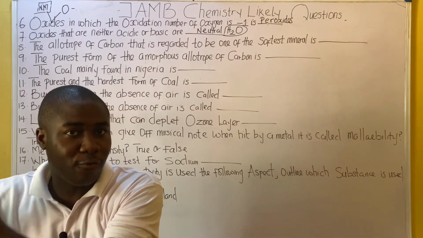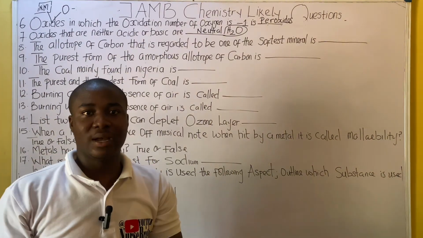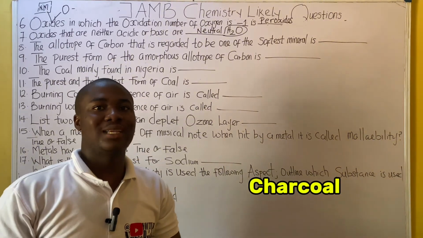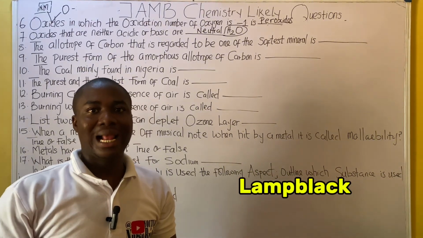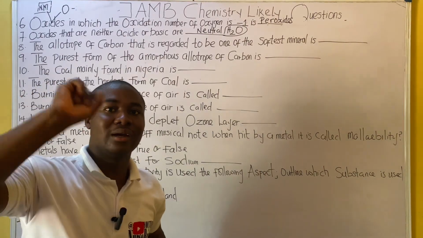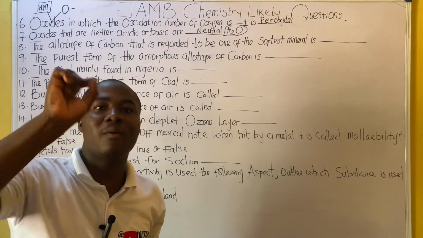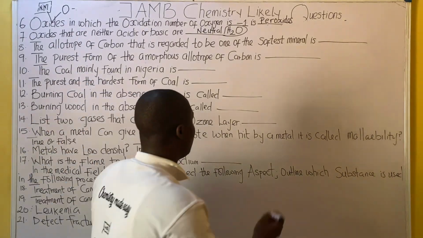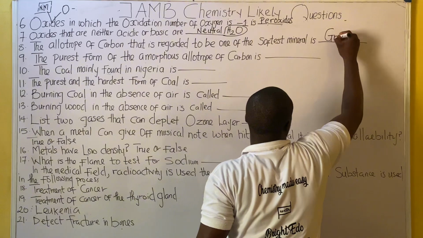On the amorphous group, we have examples like coal, charcoal, lamp black, and soot. So just note this. Graphite is one of the allotropes of carbon that is regarded to be one of the softest minerals in nature. So the answer to this question becomes graphite.